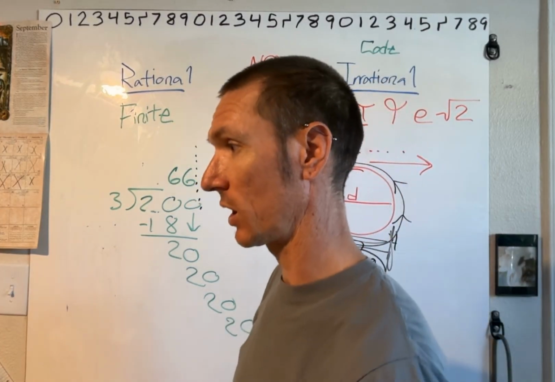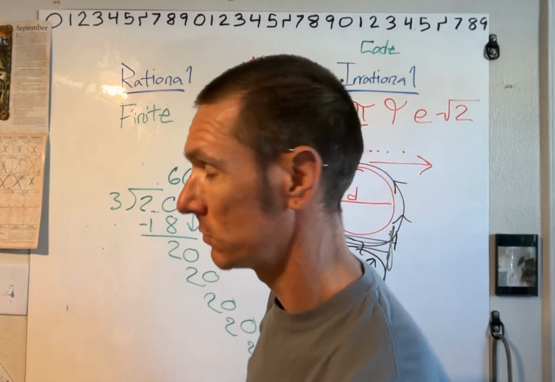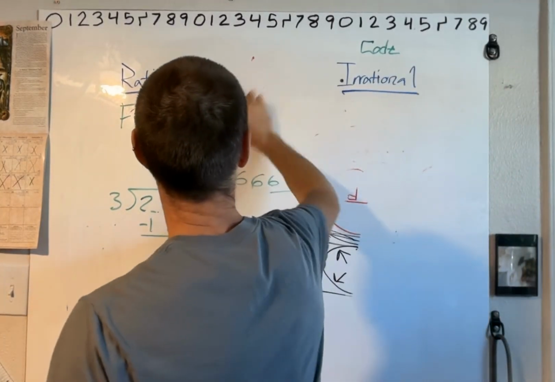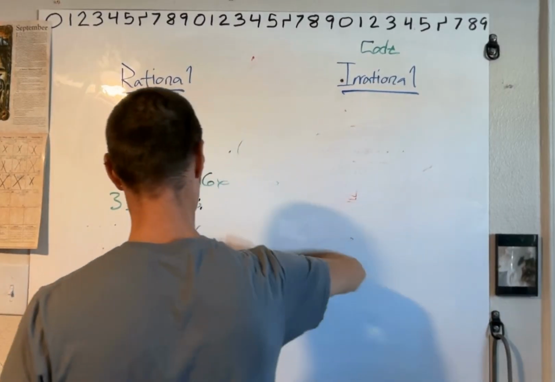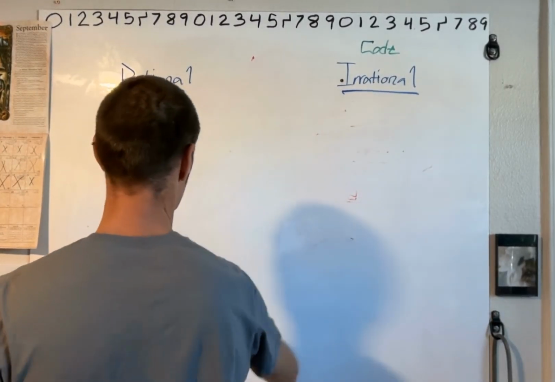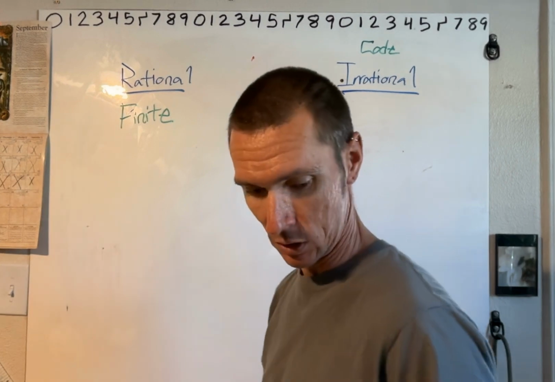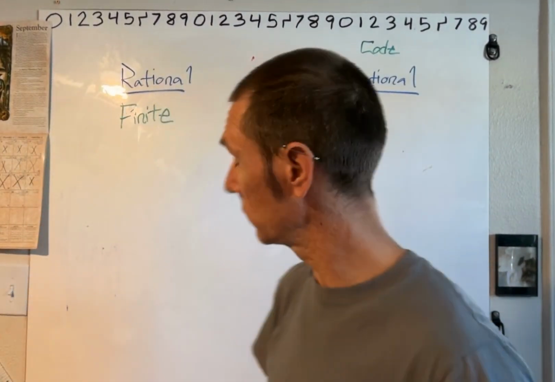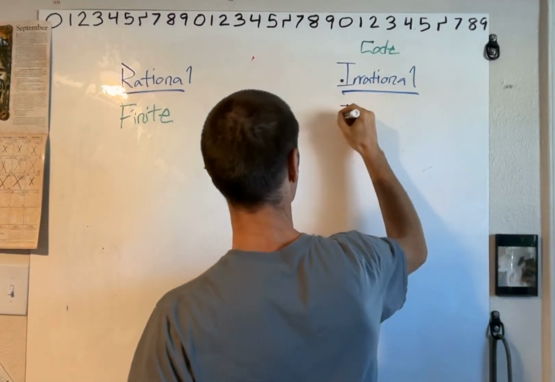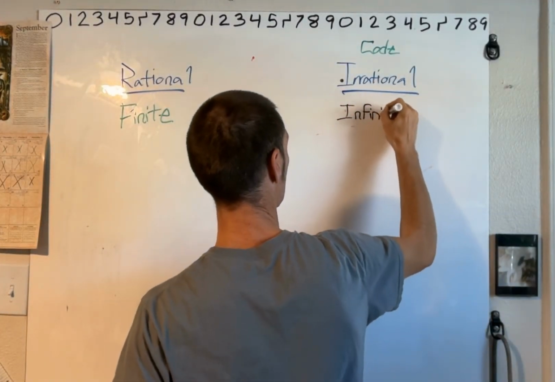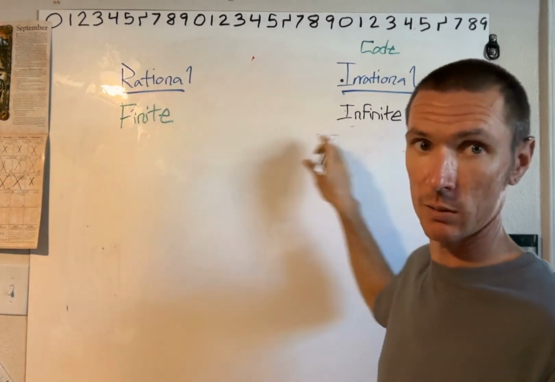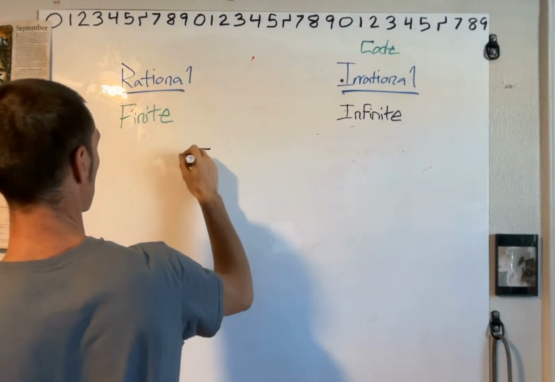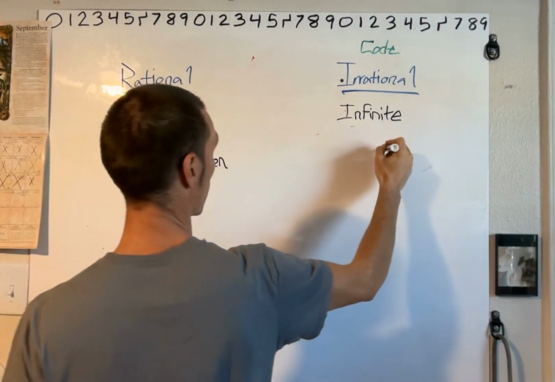Which kind of comes through with your evens and odds. Even numbers and odd numbers. Just real quick, I'm just going to do one more. So, finite, infinite. Even, and odd.